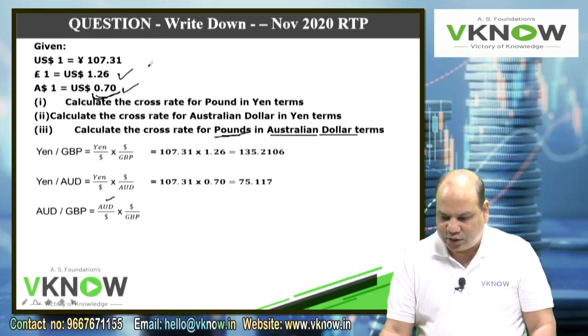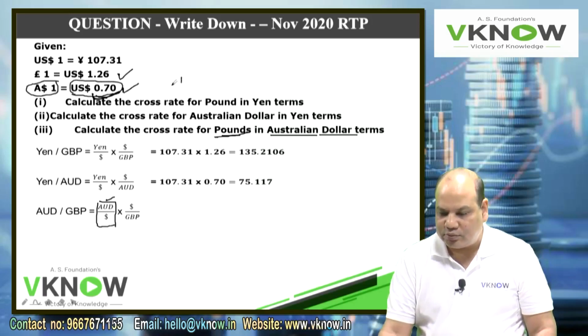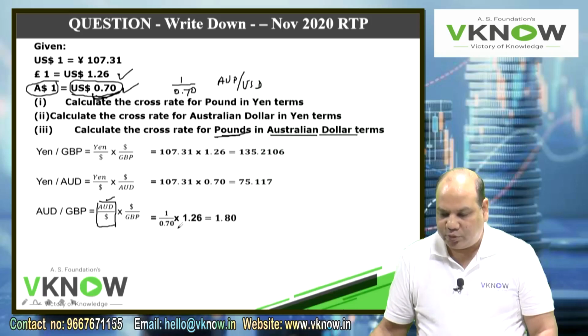Now there is a small adjustment required in this problem. You need Australian dollar per US dollar, but what you are given is US dollar per Australian dollar, whereas you require per US dollar, so this will be the reciprocal. Australian dollar per USD will be 1 by 0.70. So I have to take the reciprocal here, 1 divided by 0.70.